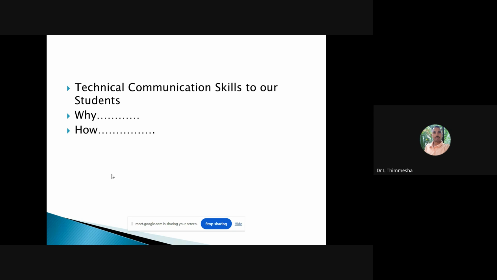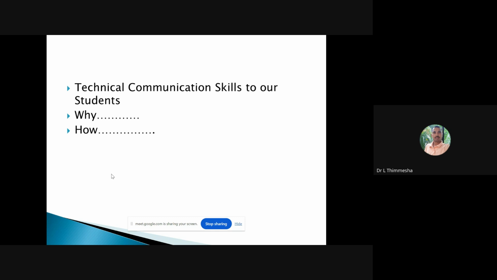Working together is success. So all of us have to work together and think together to enlighten our students to think maximum, to express their ideas as well as the technical knowledge they acquire.